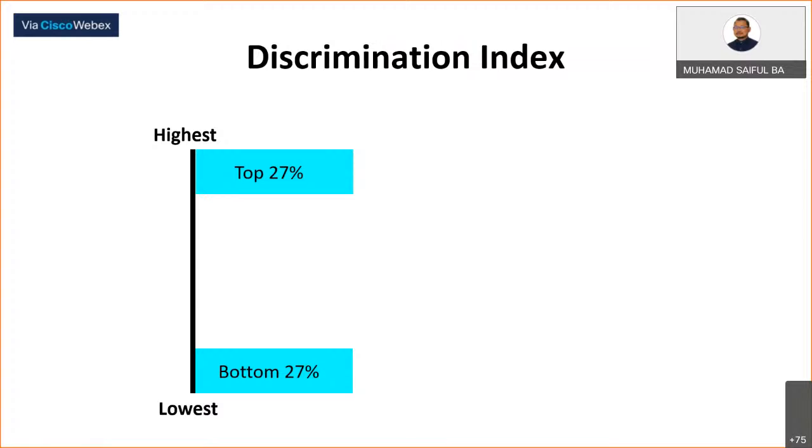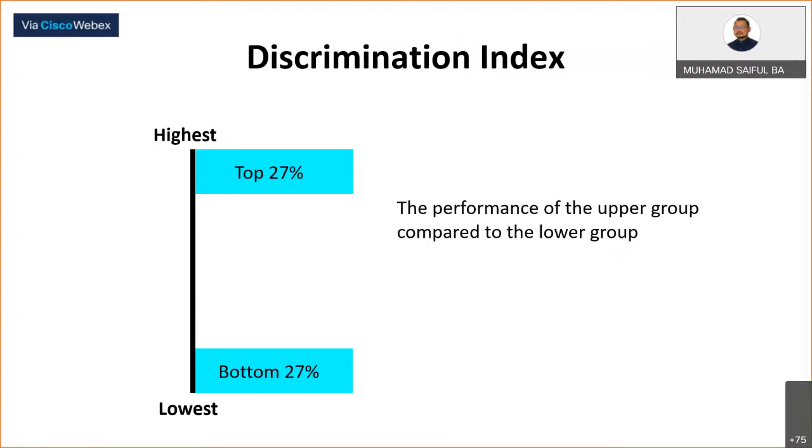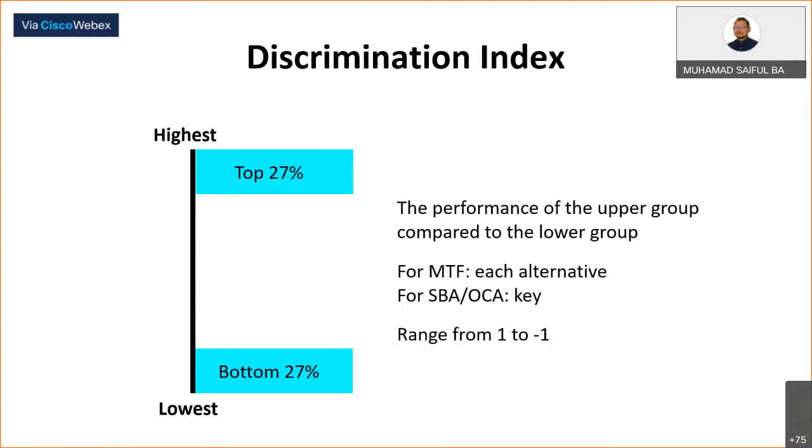Based on these two groups, we call them the upper and lower group, and we compare the performance of the upper group to the lower group. We divide by 27, because with 100 students the denominator is 27.